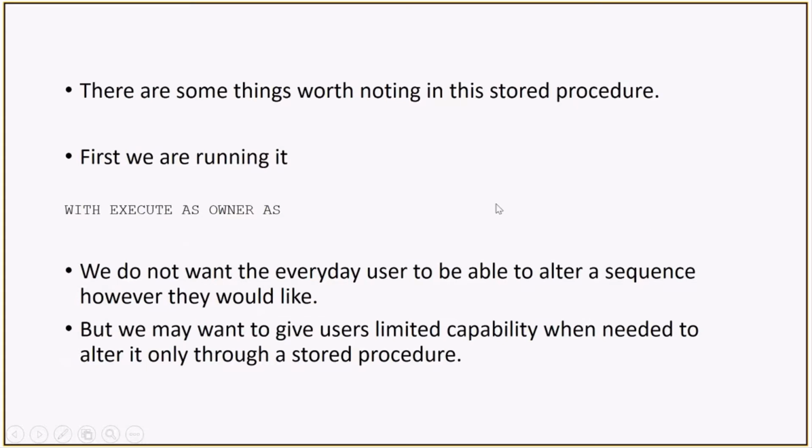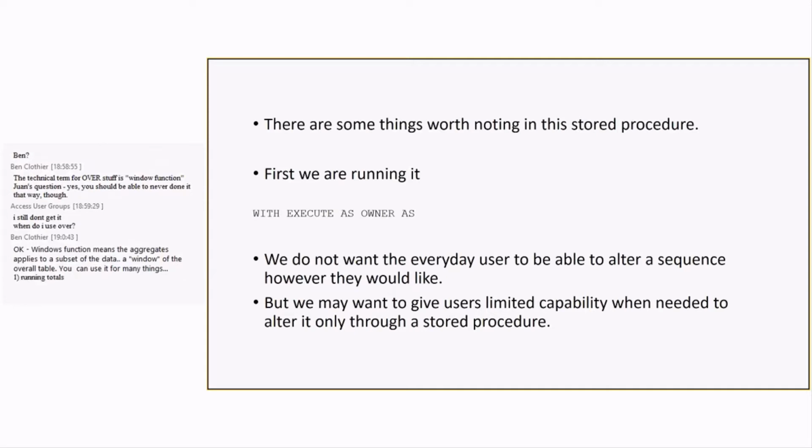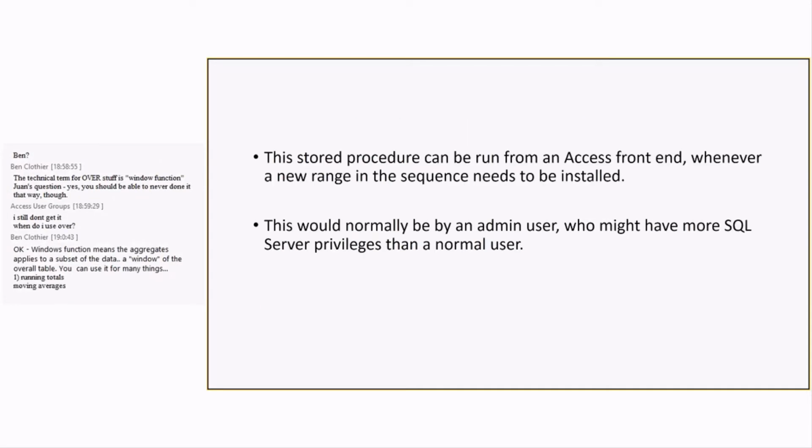Okay, there are some things worth noting in the stored procedure. First, we are running it with execute as owner. We do not want the everyday user to be able to alter a sequence however they would like. That's way too much rights. But we want to give users limited capability when needed to alter it only through a stored procedure. This stored procedure can be run from an Access front end whenever a new range in a sequence needs to be installed.